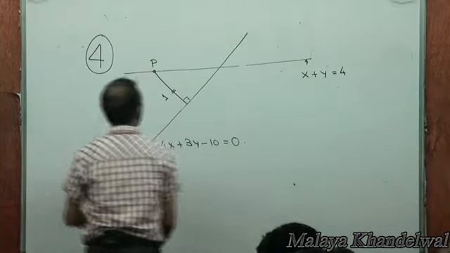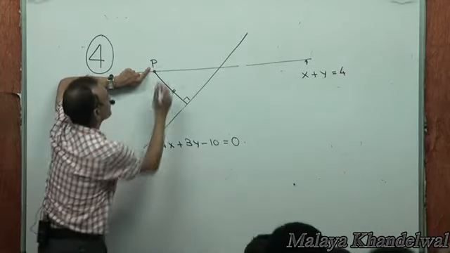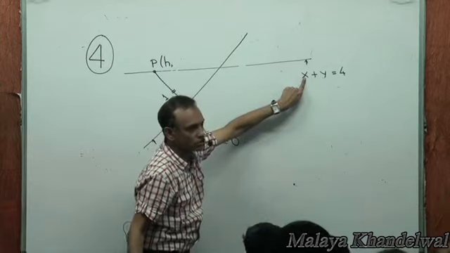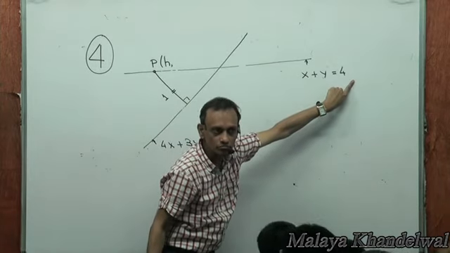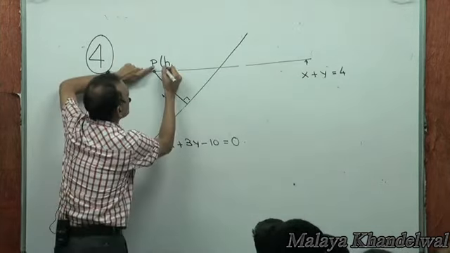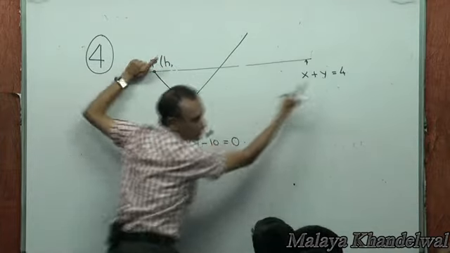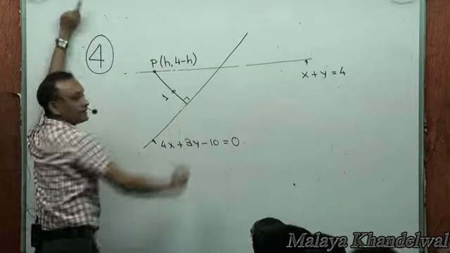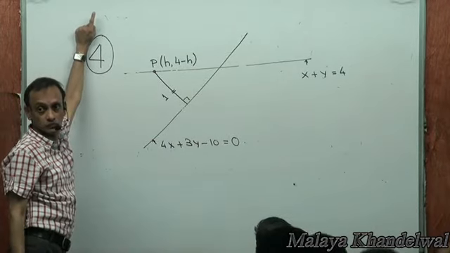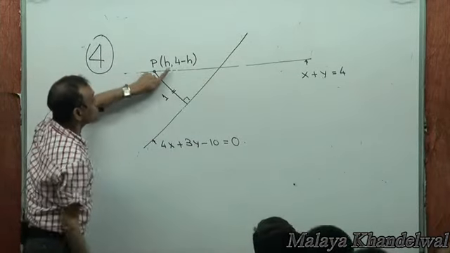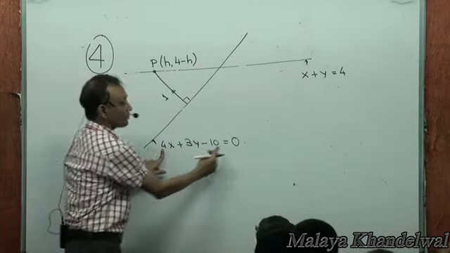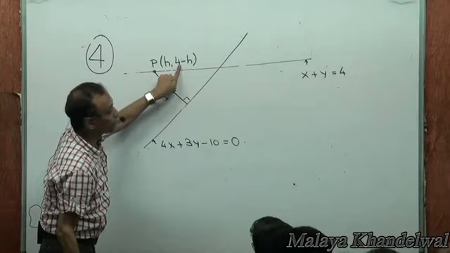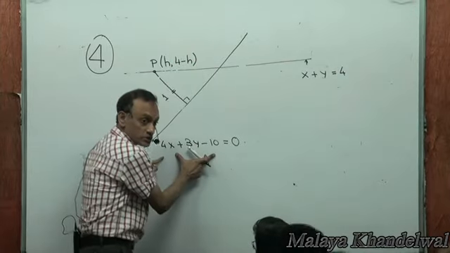Any point on this line, let's say if it has x coordinate h, if x is h, then y would be 4 minus h. Right? So any point on this line, if x is h, y would be 4 minus h. Now, distance of h comma 4 minus h from this line, how do you find? Replace x by h, y by 4 minus h in this expression.